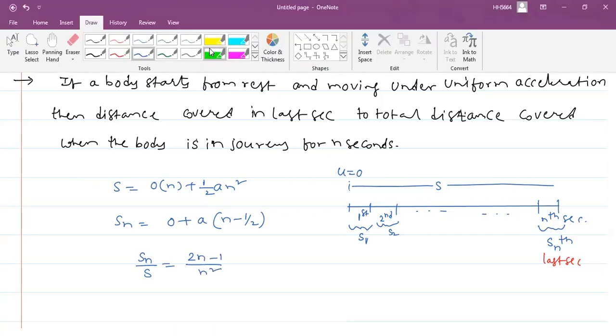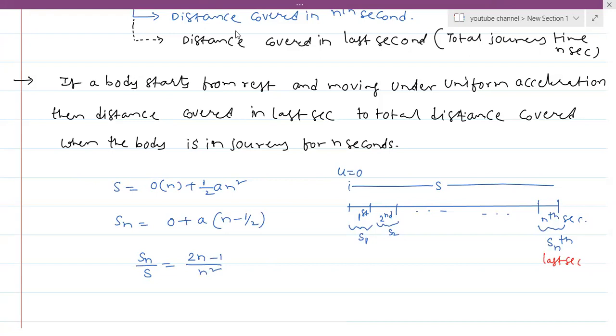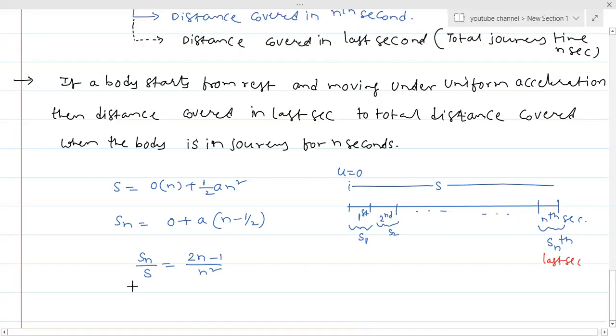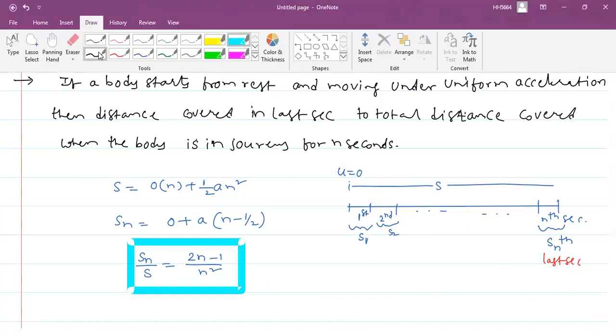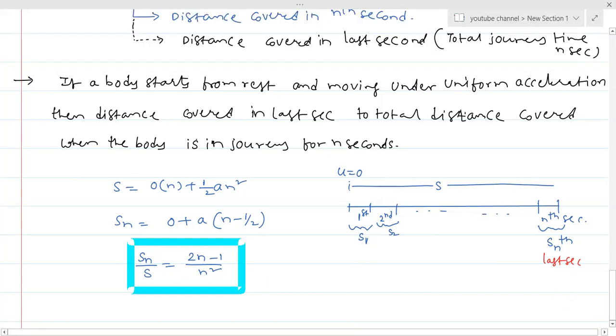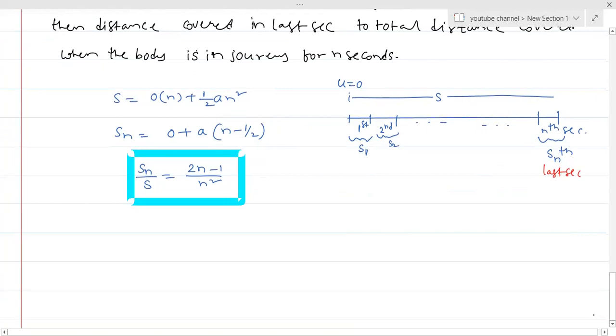So this is one of the important applications, the distance covered in nth second to the total distance. This is very important.